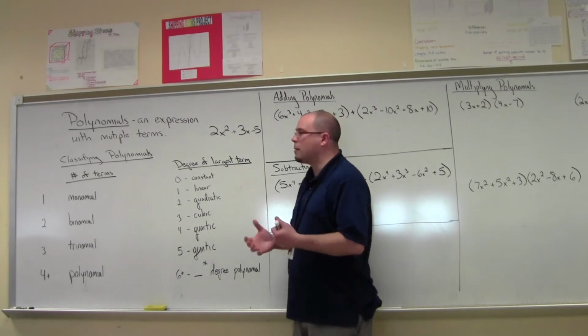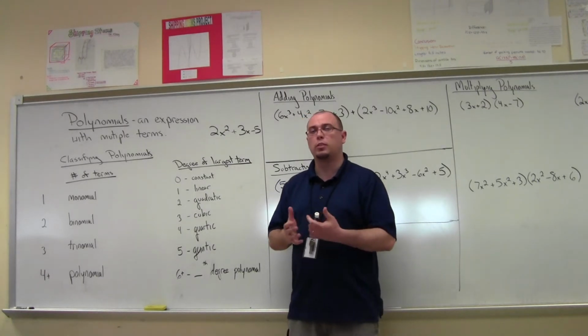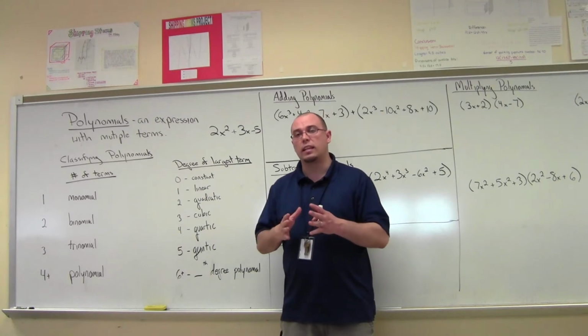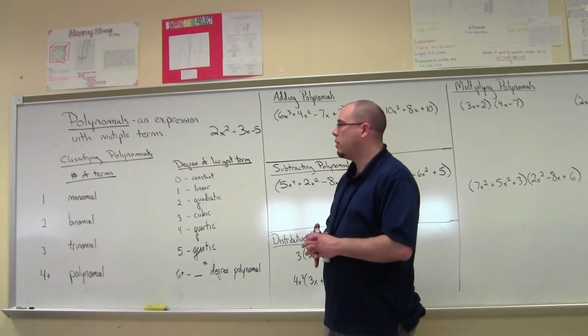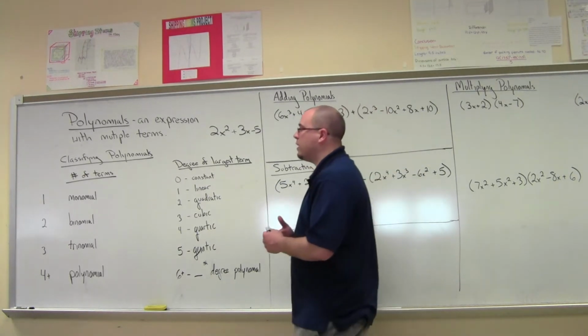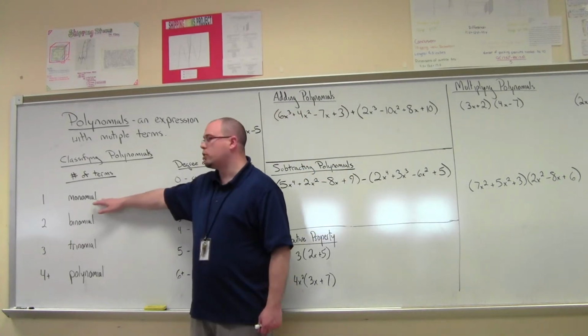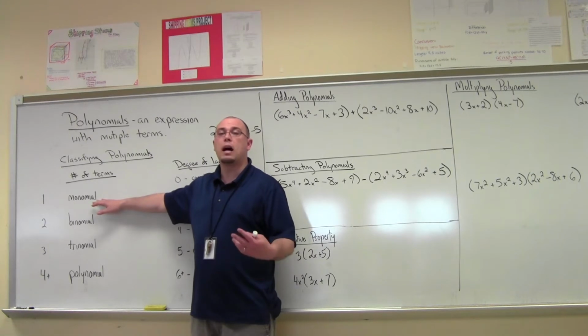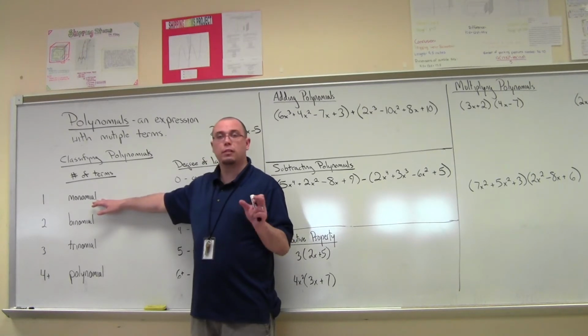So when we talk about classifying polynomials, what we're really doing is coming up with a name for it to describe exactly what kind of polynomial we're dealing with. So the way we would classify based on the number of terms, if we had a one-term polynomial, it's what's referred to as a monomial. So if you ever see mono as a prefix, it means 1.